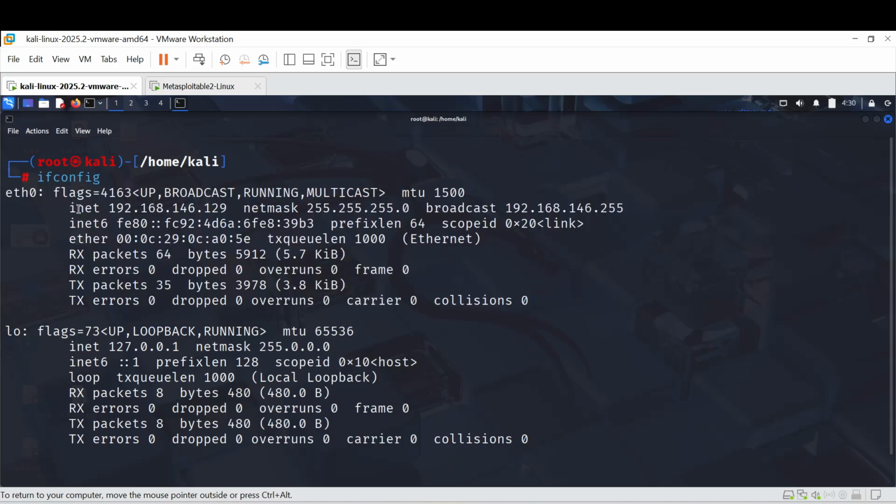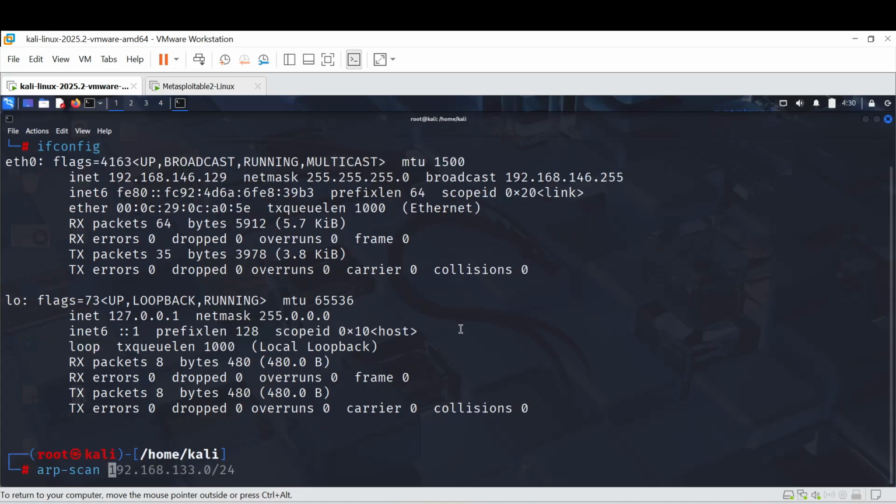With the help of that, we will be able to find the information about our network. You guys can see here we are getting the information about IP version 4, here the information about IP version 6, and this is the MAC address of my Kali. Now, since this is the IPv4 address of my Kali, I'm going to copy it and write arp-scan and paste the IP address.